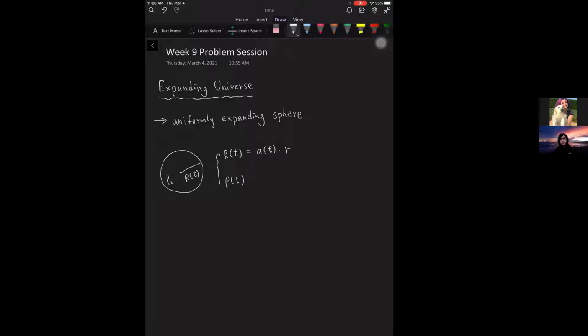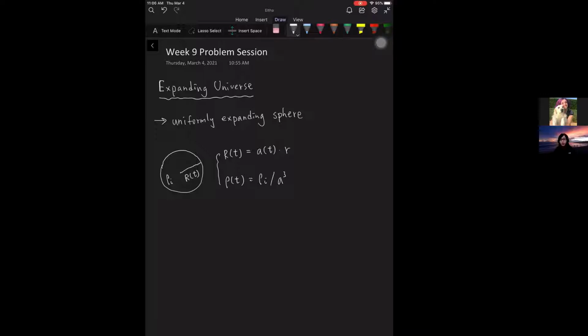As the radius grows larger, the density will go down. So the density can be written as the initial density divided by a cubed, because a of t is the scale factor for a linear scale, and now we're considering the whole volume, so that's a factor of a cubed, right?